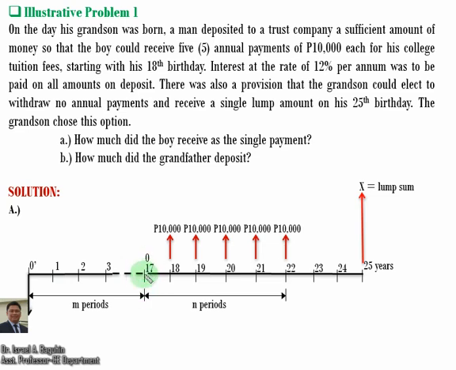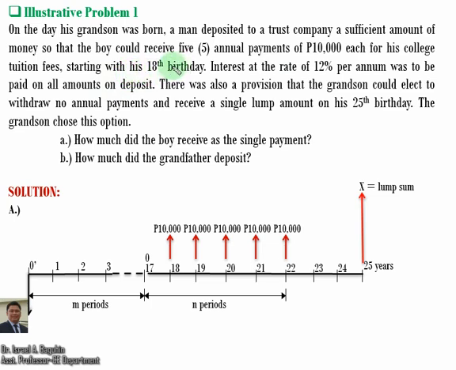17th. Why until the 17th? Because according to the problem, the grandson starts to receive these five annual payments of 10,000 on his 18th birthday.